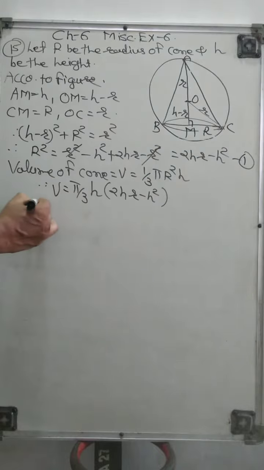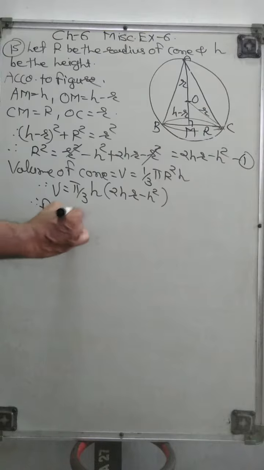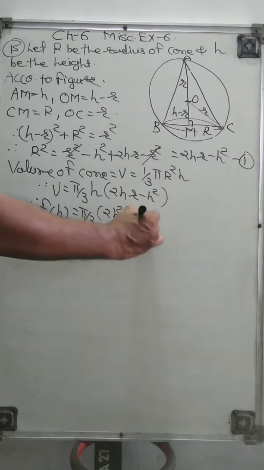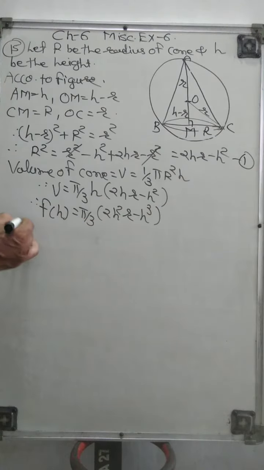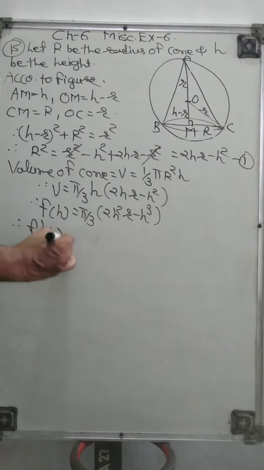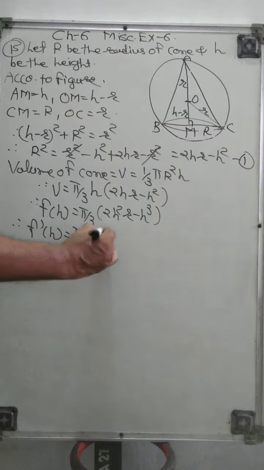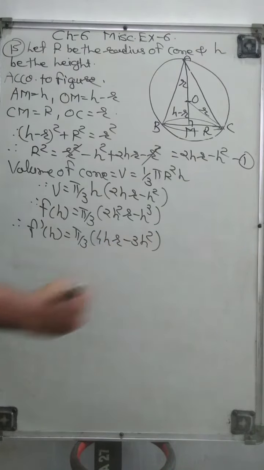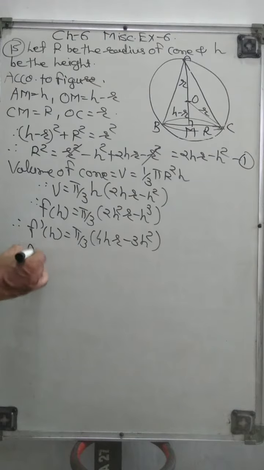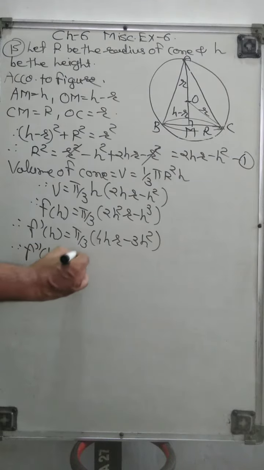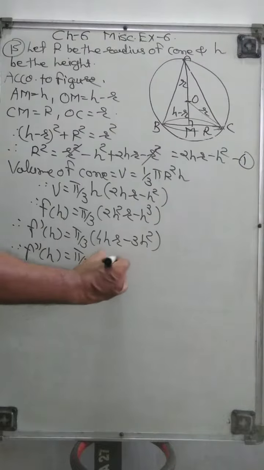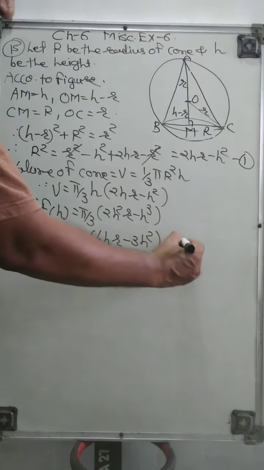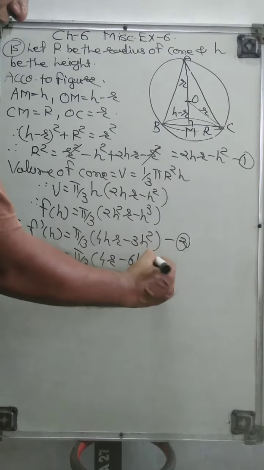We multiply h with the bracket, then this is a function of h, pi by 3 times 2h square r minus h cube. Now we differentiate the first time, f dash h is pi by 3 times 4hr minus 3h square, right? Again we differentiate, f double dash h is equal to pi by 3 times 4r minus 6h. Now this is the second result and this is the third.